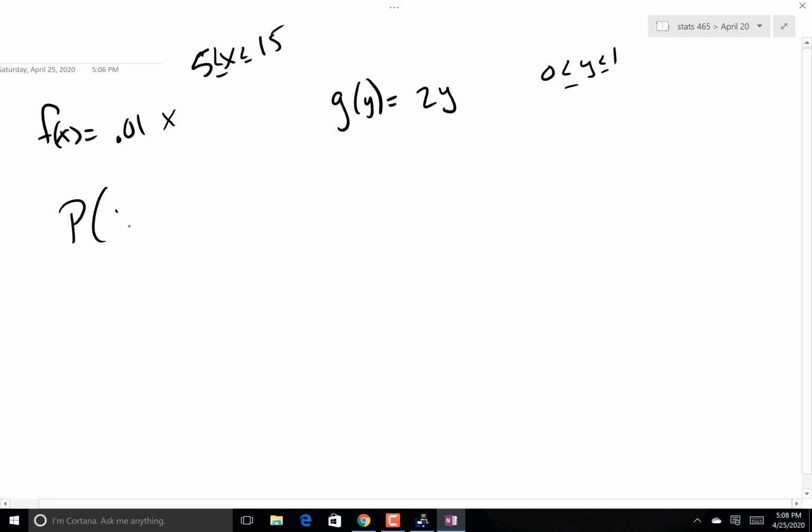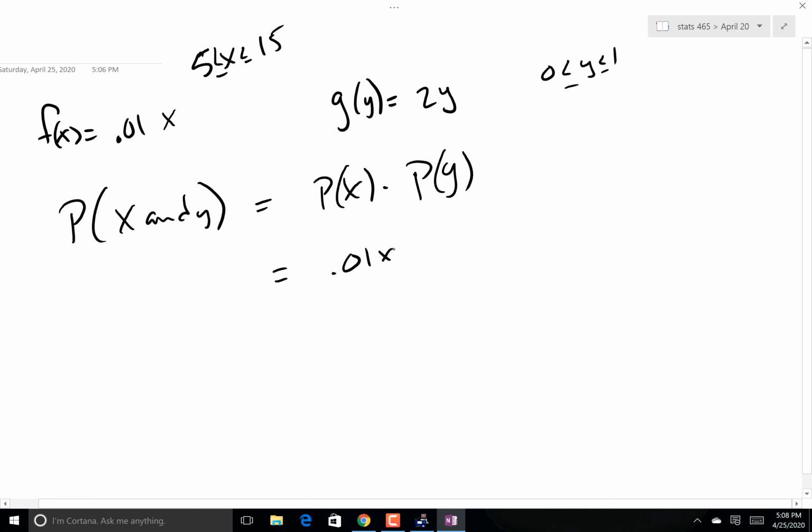Remember when I asked you what's the probability of x and y happening, and I said, hey, listen, they're independent events. Wasn't it true that you took the probability of x times the probability of y? That's exactly what we're going to do here. We're going to take 0.01x times 2y, because these guys are truly independent.